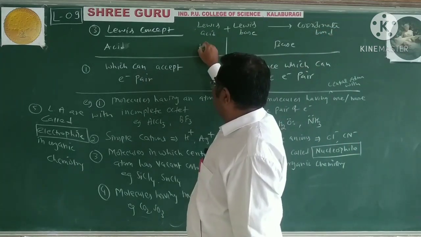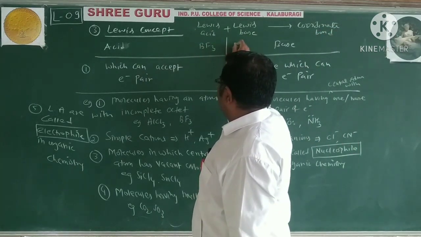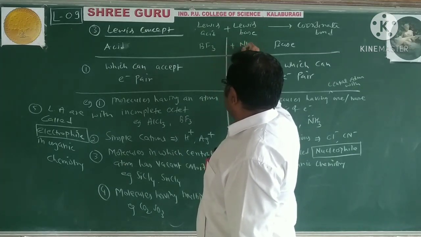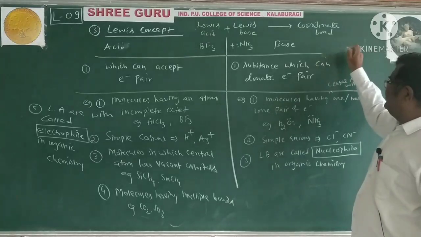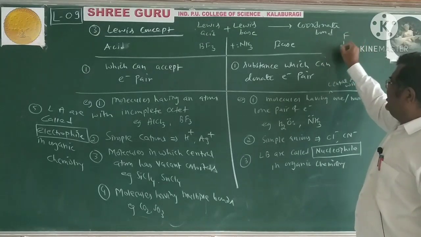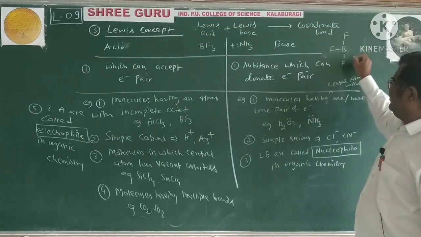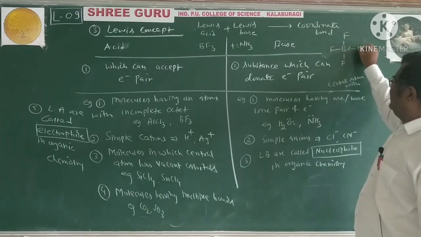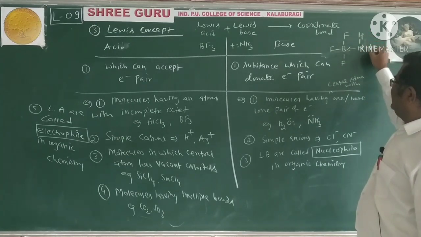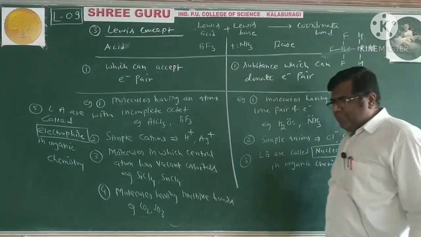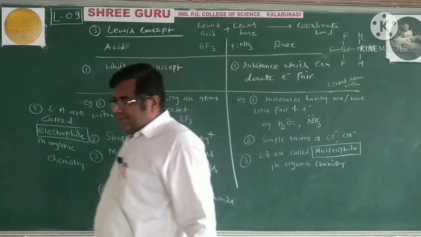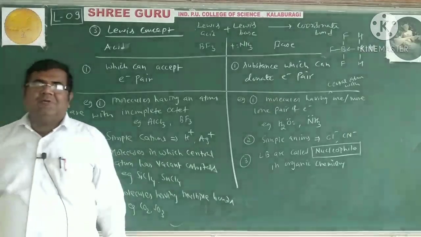Example, BF3 and NH3. NH3 is electron pair donor. BF3 can accept that electron pair like this. Another is formed. This is called as the coordinate bond, where electron pair donor is a single atom, coordinate molecule.